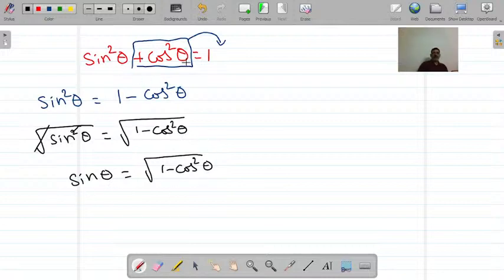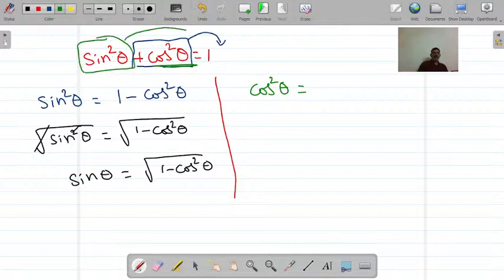Right? In the same manner, if I consider cos square theta, now the same thing I am doing with cos square theta. Suppose I want cos square theta, what can I do? At that time I want this, so this term is to be taken to the other side. So I can say it is 1 minus sine square theta.